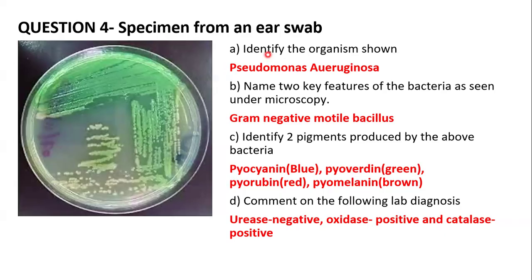Maybe I can share a link, because it's called wet mount motility test, and it's done under microscopy. Let me share the link with you guys so that you can read on that. But that's subject to confirmation.